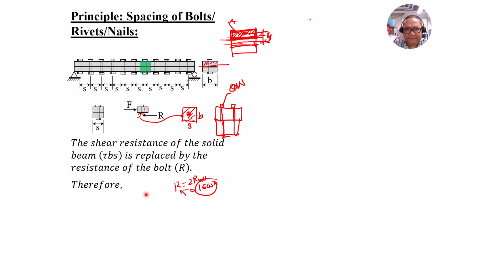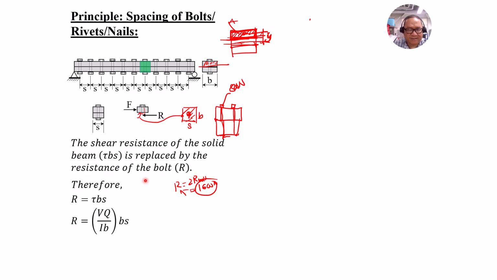So therefore, the shear resistance of the bolt, let us say R, is equal to shear stress times BS. And the shear stress formula, if you can recall, is VQ over IB. So replacing shear stress by VQ over IB, then times BS, we can cancel B, then simplify this.